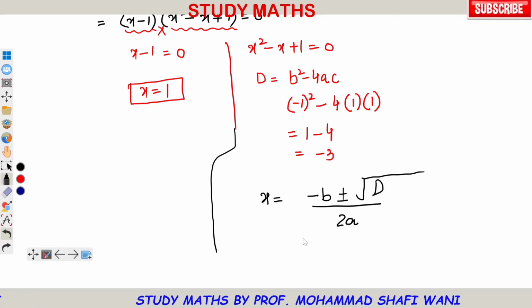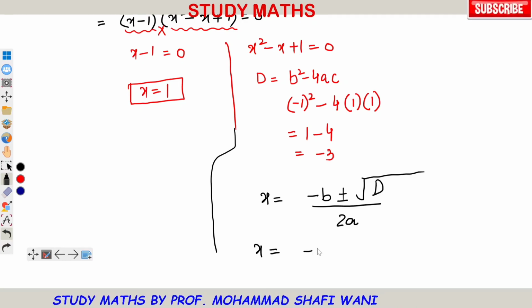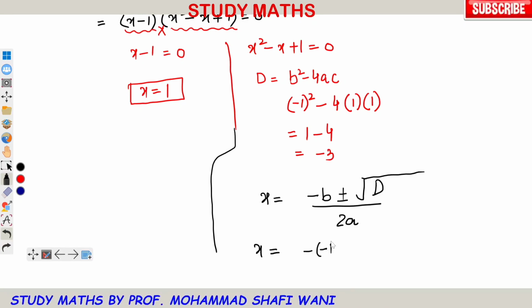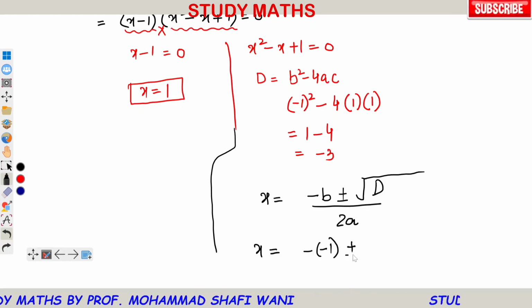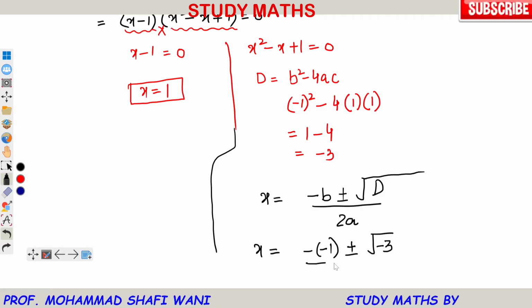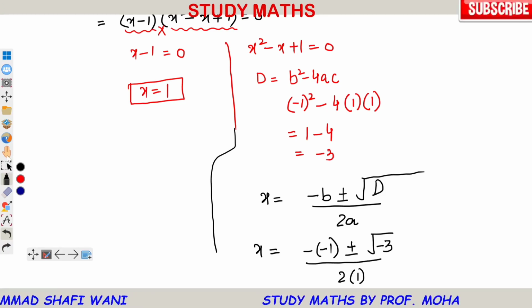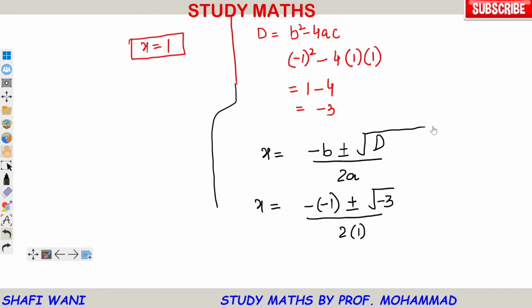That will be x is equal to minus b, and b is equal to 1, plus minus under root of D, where D is equal to minus 3, divided by 2 into a, and a is equal to 1.